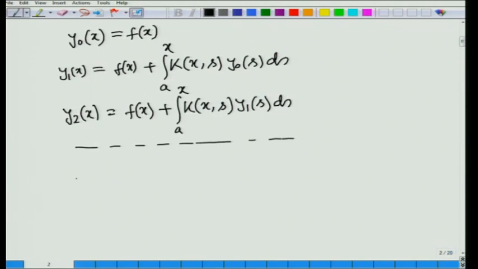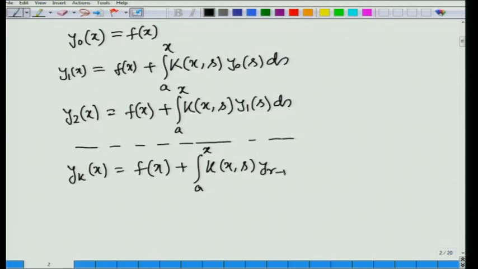So, that means we are using a recursive formula, that is y_r(x) is equal to f(x) plus the integral from a to x of K(x,s) y_{r-1}(s) ds. It would be better to write r instead of k here, otherwise it will be a little confusing with the kernel, where r is greater than or equal to 1.